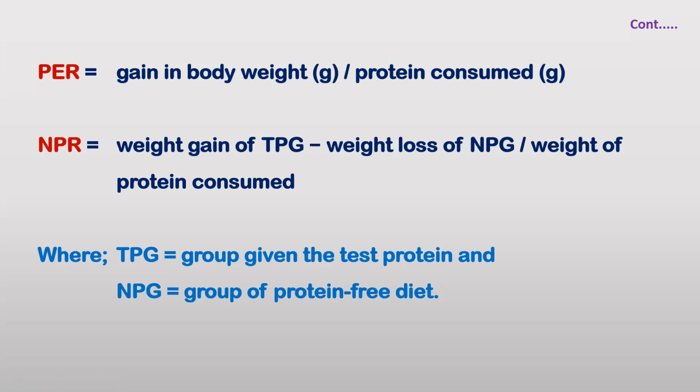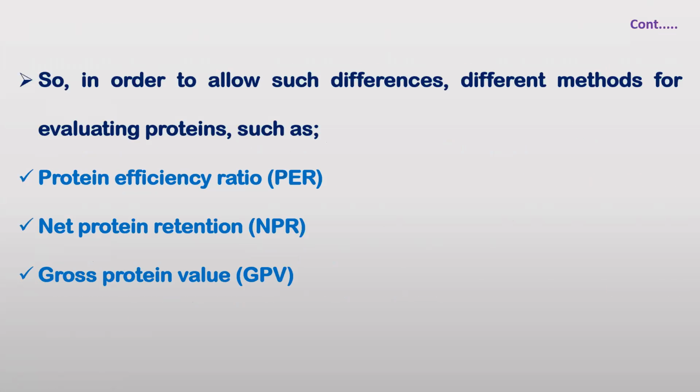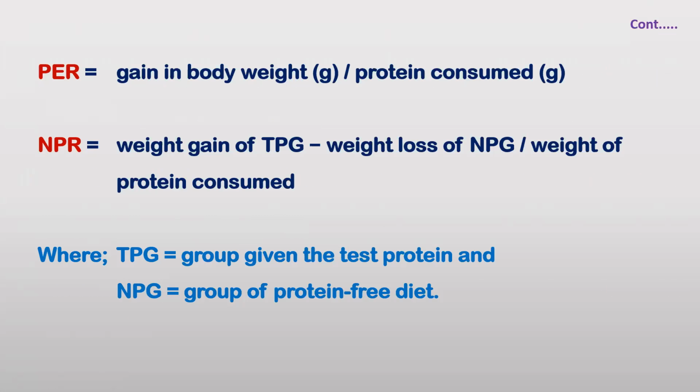What is net protein retention? Net protein retention is equal to the weight gain of the test protein group minus the weight loss of the non-protein supplemented group, divided by the weight of protein consumed.